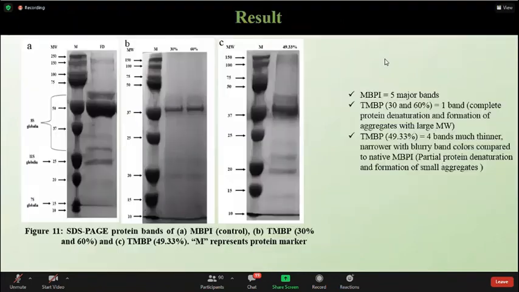So this is the structure we obtain in terms of the protein. This is the control. A is the control, and this one is the texturized mung bean protein at 30%, and texturized mung bean protein at 60%.